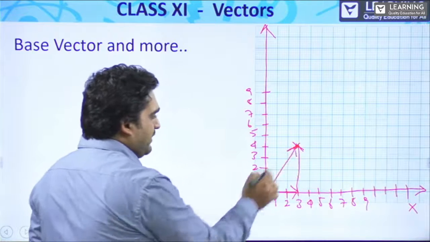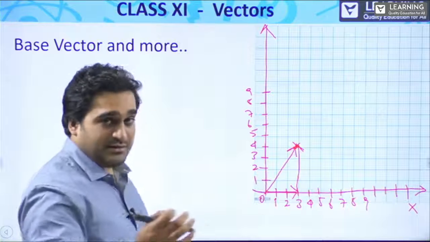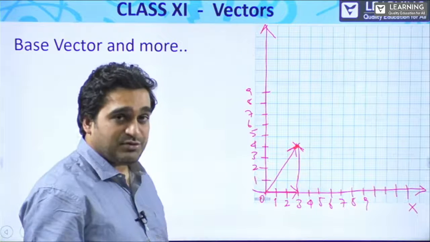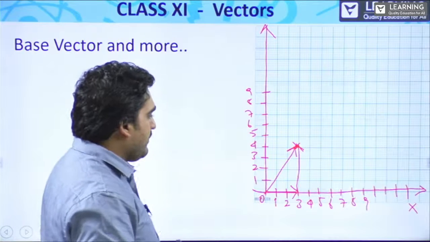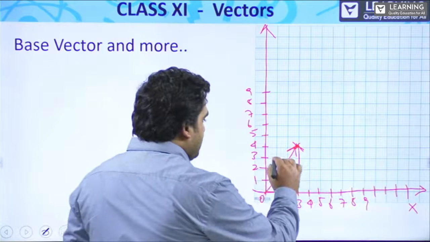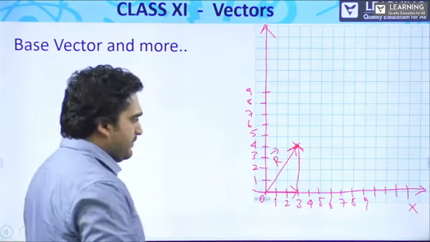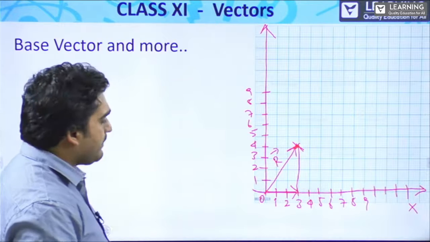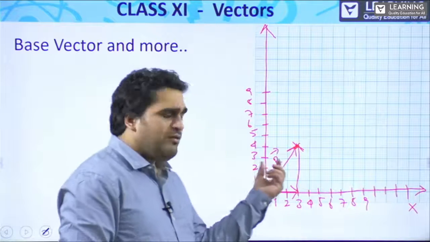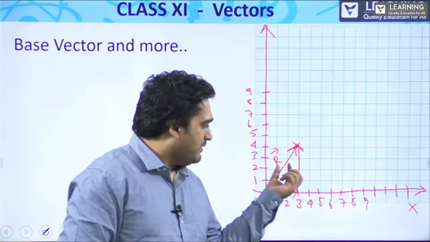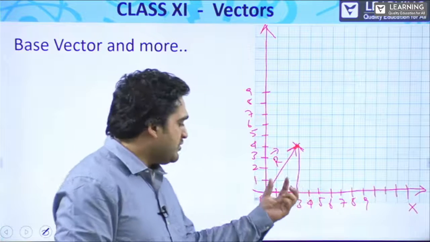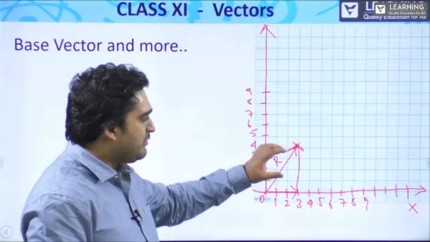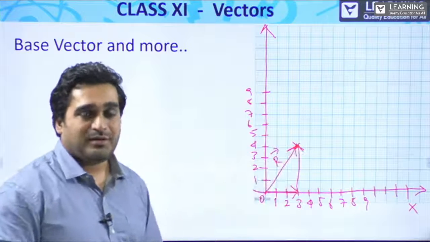So this new vector that I've constructed is a position vector. We'll represent it by the letter R. Now, how do I define this vector R with respect to the x-axis and the y-axis?